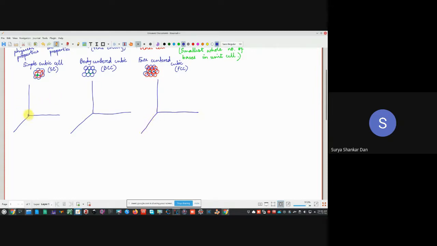So here is an atom. I have exaggerated a lot the space between the atoms. Okay.